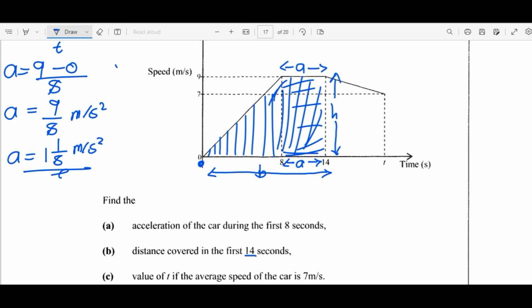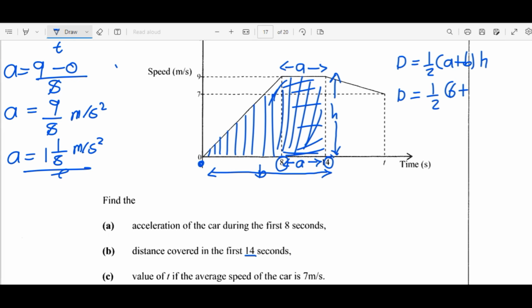So upon identifying this, you go to the formula. Distance is equal to half (a plus b) times the height. What's my a? It's the difference between 8 and 14, so you subtract: 14 minus 8 is 6.